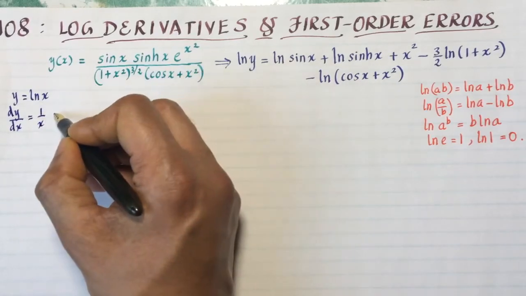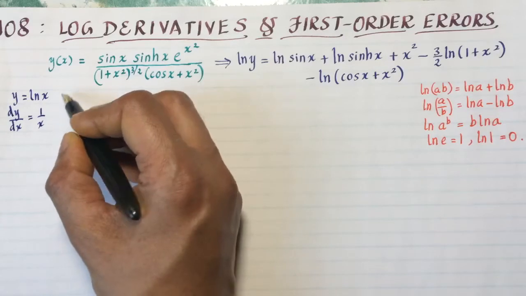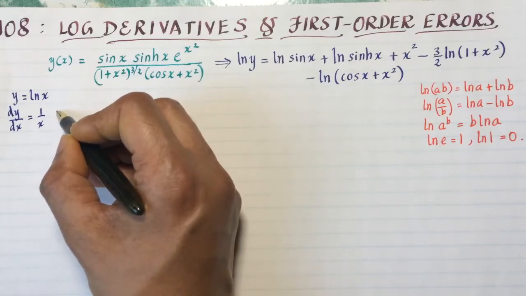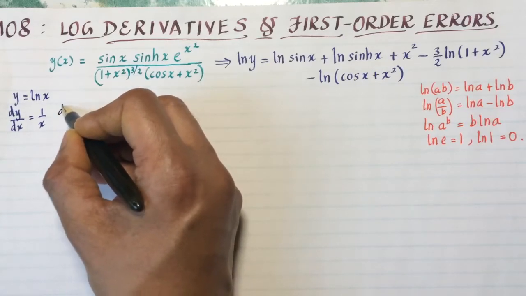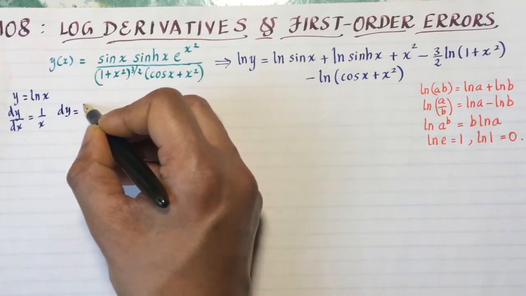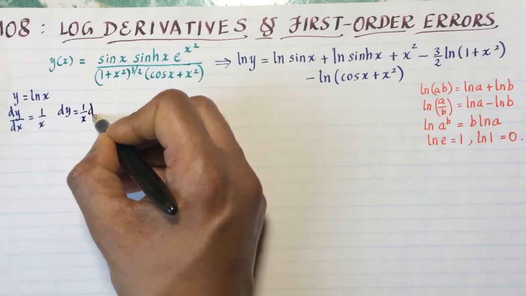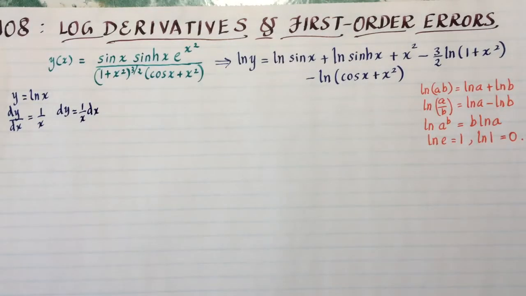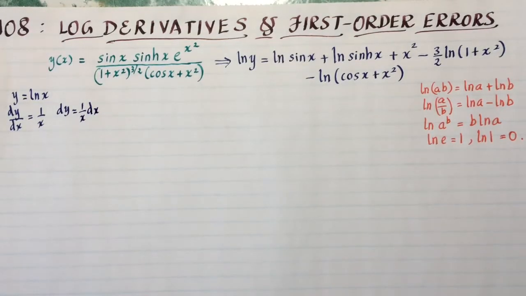So what I can do is I can write this as dy equals 1 over x times dx. So that's basically what I'm going to be doing here. If I have the natural logarithm, then dy equals 1 over x dx.